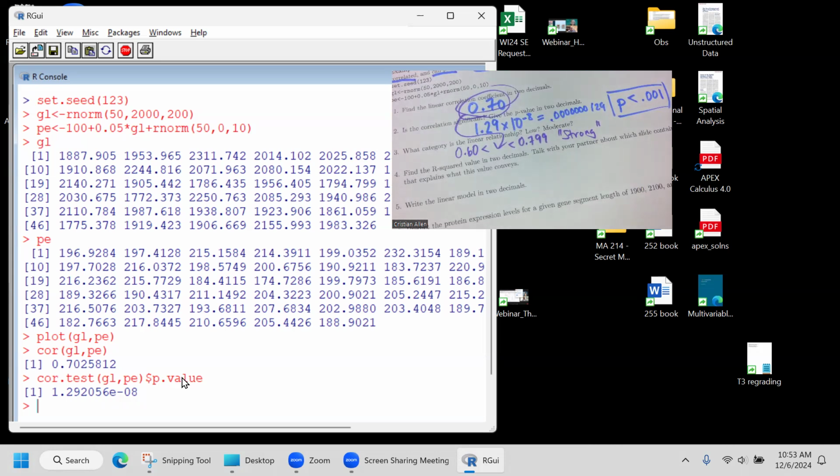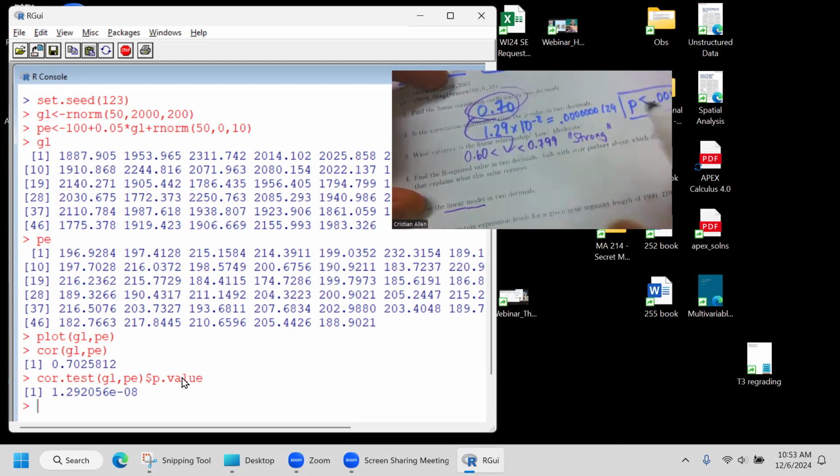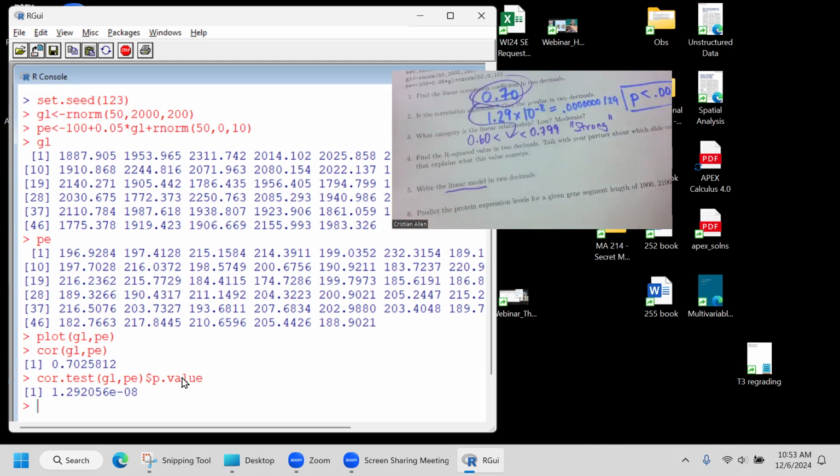Now, in terms of getting the R squared value for the linear model, that's the next thing you would need to know how to do in R. Let's go into R here. The way you're going to do that is put these two data sets into a data frame.